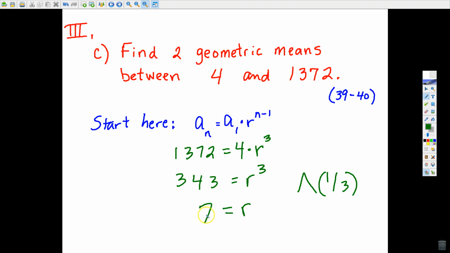Okay. We know what R is. R stands for the common ratio. That's the number we multiply by each time. So what is that? After 4, what is that next term that's missing? 4 times 7. 28. Okay, what's the next term that's missing? You can use your calculator if you need to.